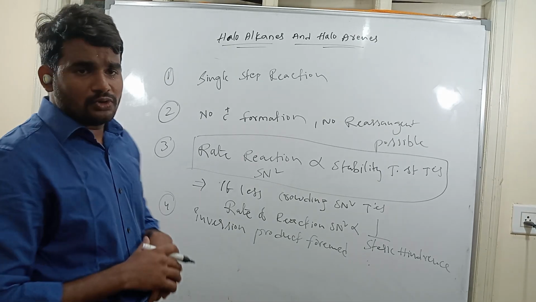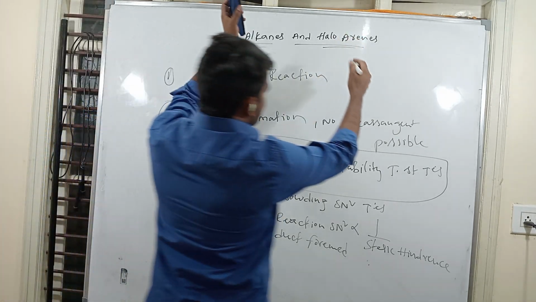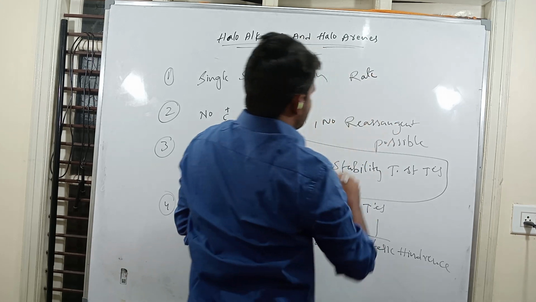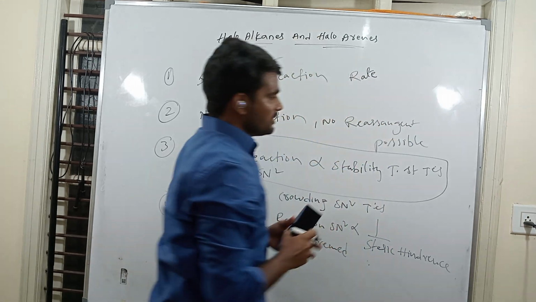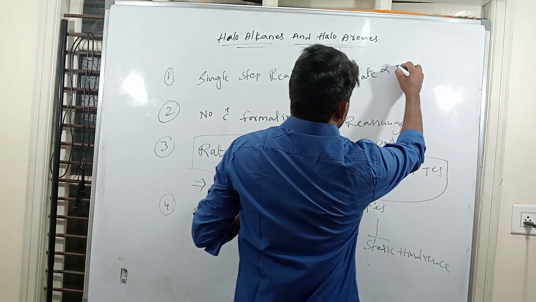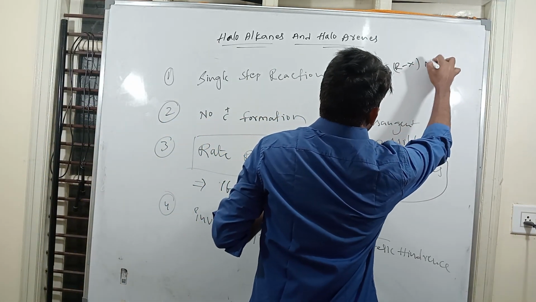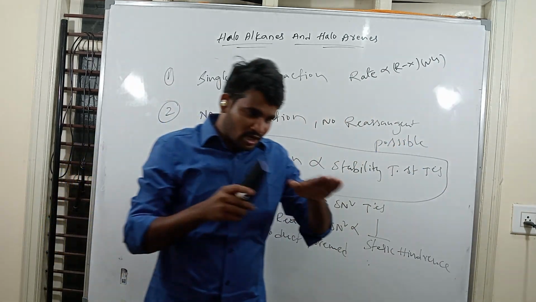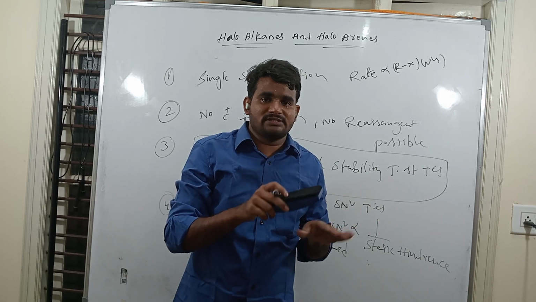Why is it called a second order reaction? According to chemical kinetics, the rate of the reaction depends upon the concentration of the species in the rate determinant step. In the SN2 reaction, the rate depends upon both the alkyl halide and the nucleophile. In the SN1 reaction, no nucleophile is in the rate step; carbocation formation is the rate determinant step.